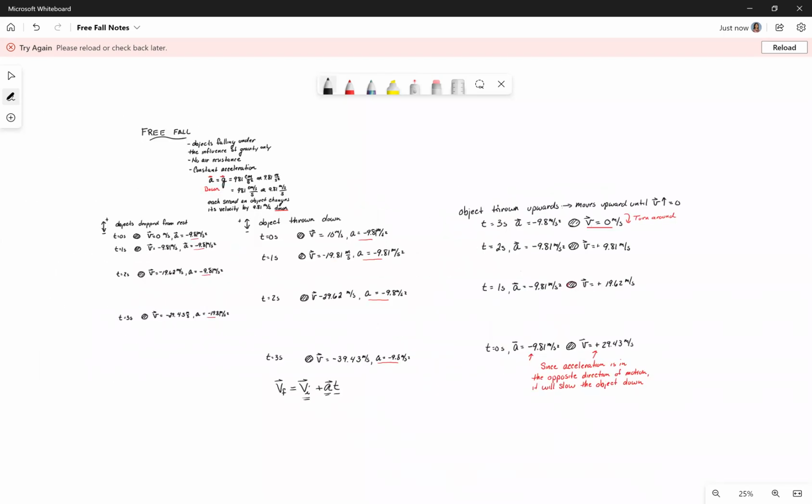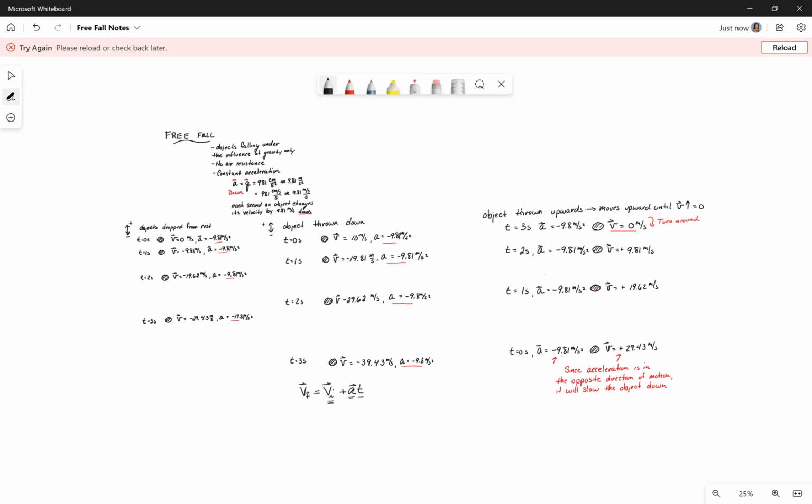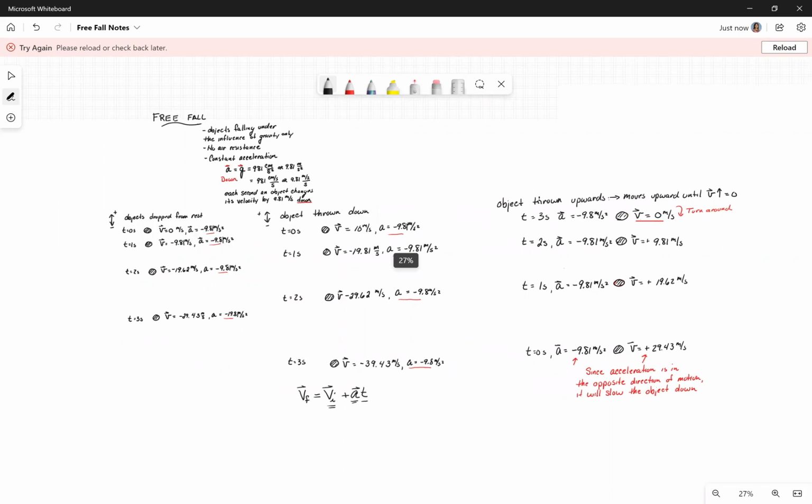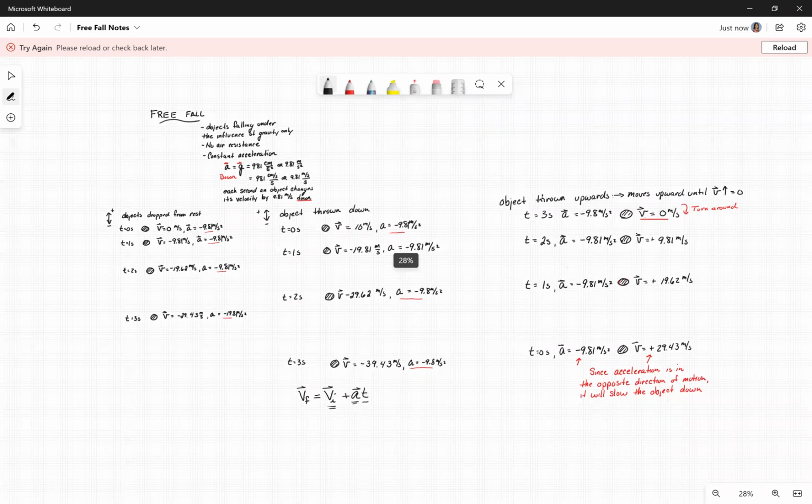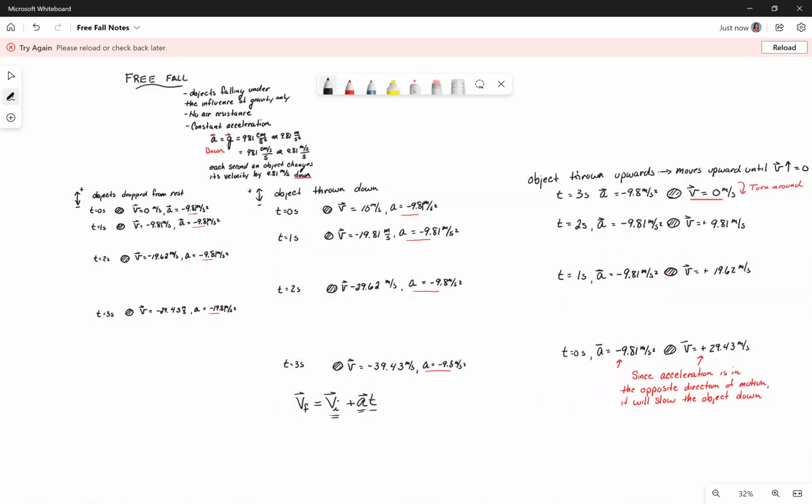Okay, I can drop something from rest, meaning my velocity is 0, and it falls down, increasing its velocity by 9.8 meters per second every second. Even if I throw an object down, it's going to increase its velocity by 9.81 meters per second every second.